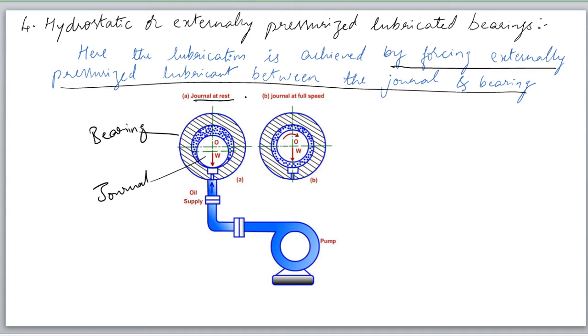See, when the journal is at rest, it is not moving, and the second case is when the journal is at full speed. Here the lubricating oil is constantly pumped with the help of an external agency, that is a pump. This pump will pump the lubricating oil in between the clearance or the gap between the journal and the bearing.